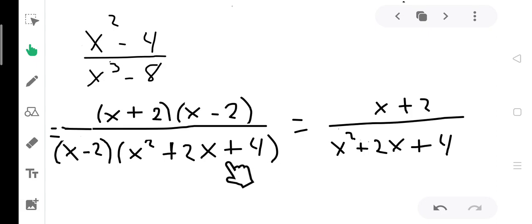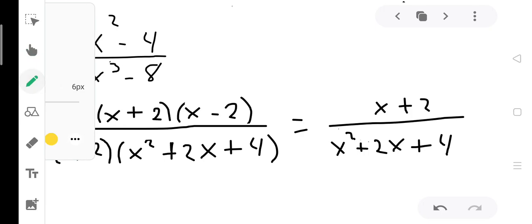After factoring, we are going to look for the common factor in the numerator and denominator. You could see that in the numerator there is a factor of x minus 2, and in the denominator there is also a factor of x minus 2. So we are going to cancel the common factors.